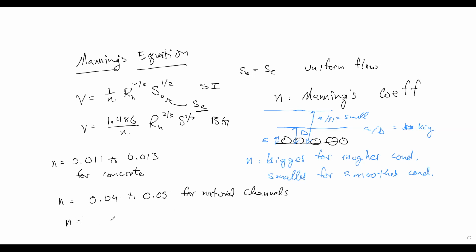And then n can be 0.15 for floodplains, where you have vegetation, like shallow flow over trees and sticks and stuff like this. So super rough conditions, you can get a much bigger Manning's n value for those kinds of conditions.